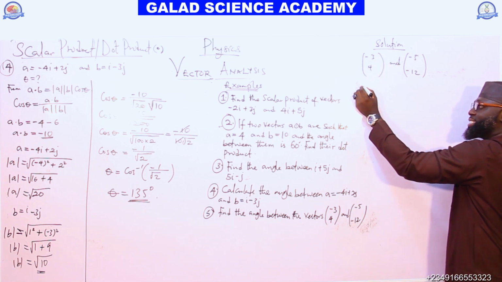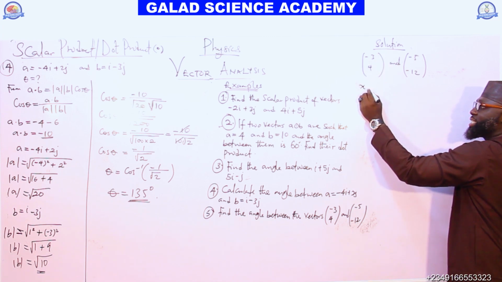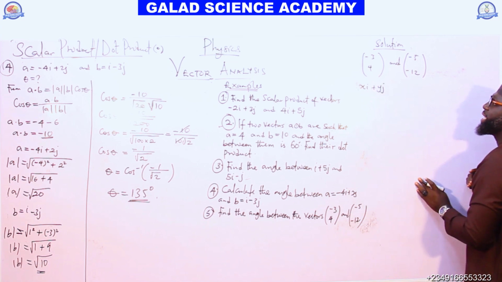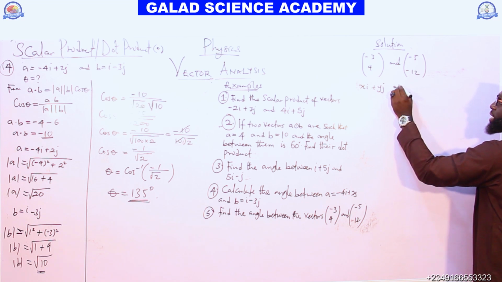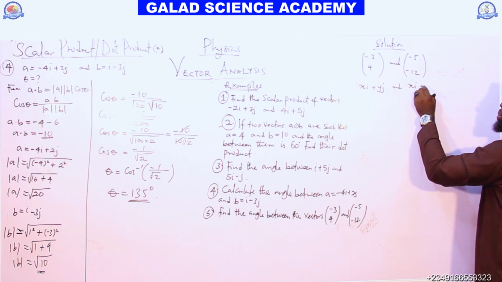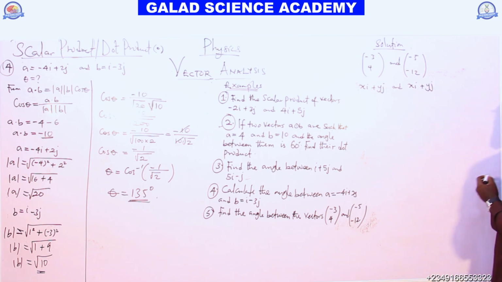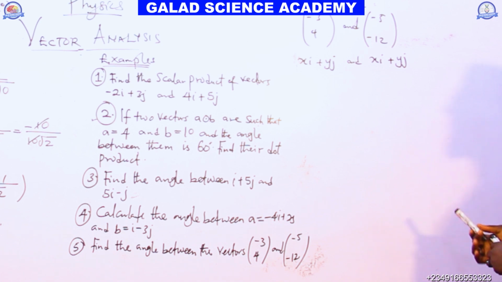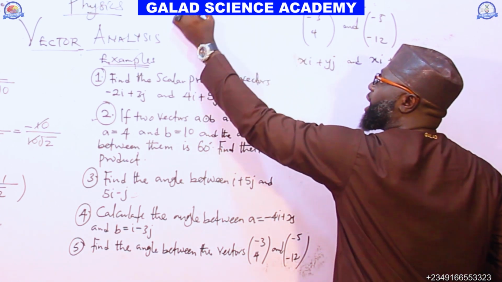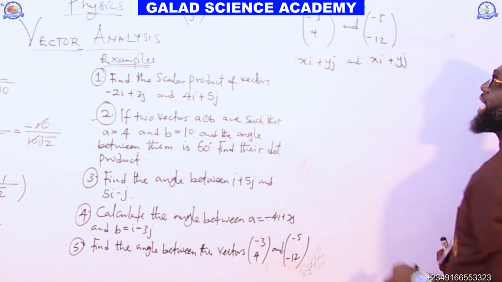We can rewrite this expression in the form xi plus yj, like we have in coordinate geometry, x and y. That's what they did here.